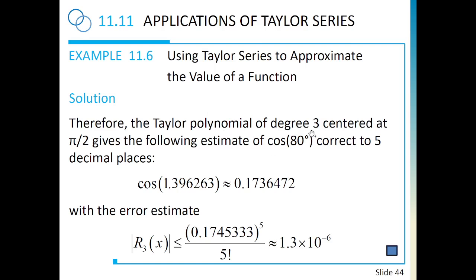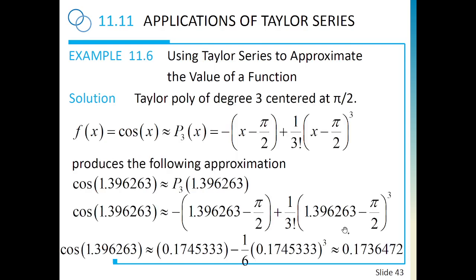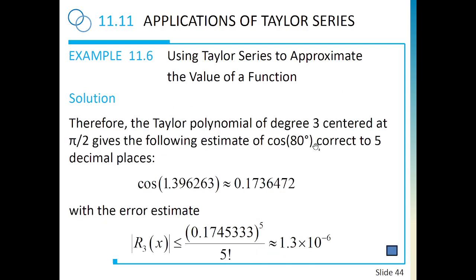So we used the polynomial of degree 3 centered at pi over 2 and we got the estimate, and the error is smaller than the number here, so it respects the requirement of 5 decimal places. The easy part is just to plug the number into the polynomial, but we need to make sure that the result we get respects the requirements of the question.